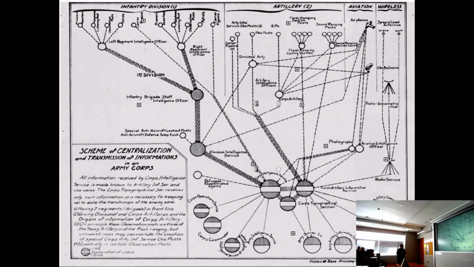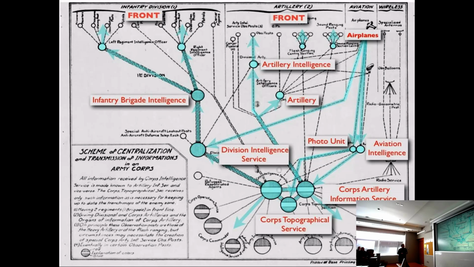How was it all organized? It was highly organized. The aviation provided the information to photo units, to division intelligence units, to the topographic survey, and of course back to the artillery intelligence and back to the front.